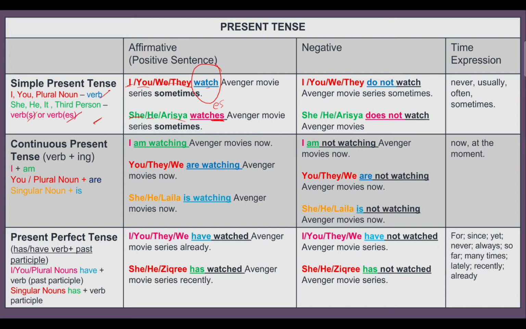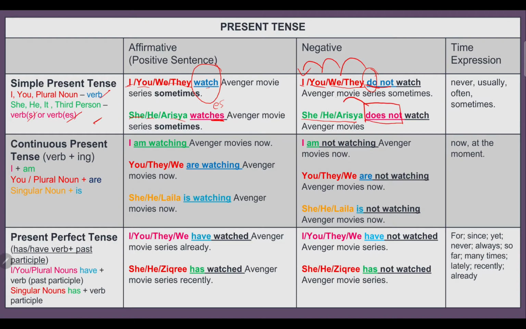Okay, as for negative we add on words that indicates that they are not going to do it. Okay, for example, for the first example, I, you, we, the plural noun, do not. So for plural noun as for I and you, we use do not. Do not watch Avenger movie series sometimes. And for singular, we use does not.